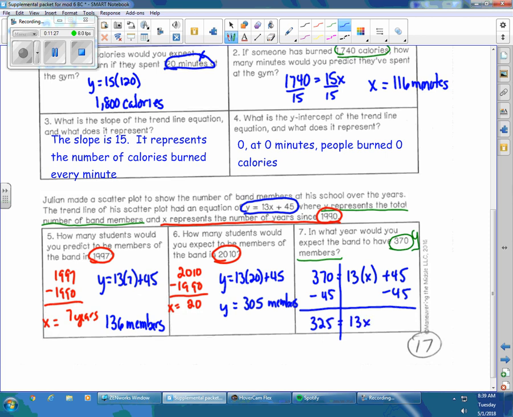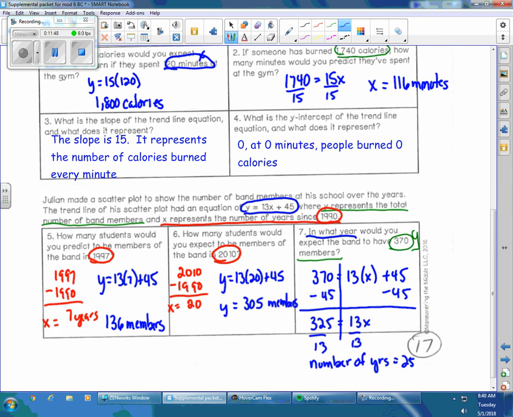Now I need the x by itself, so I'm going to divide by 13, and I get 25. So the number of years is 25. Now that's not what they're asking us. They're asking us in what year.